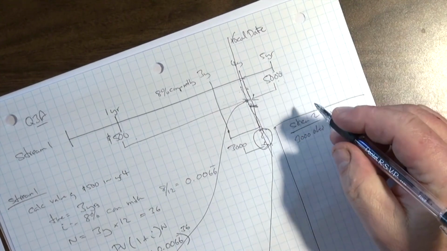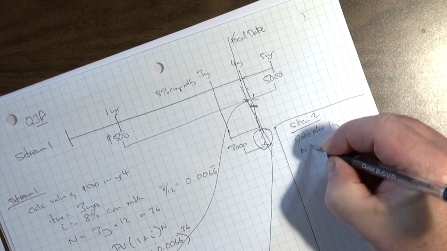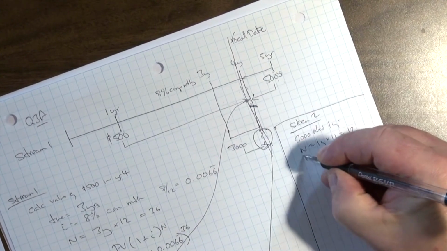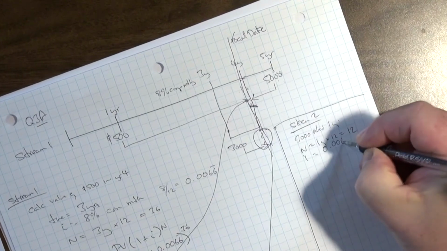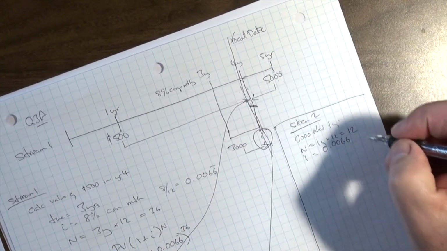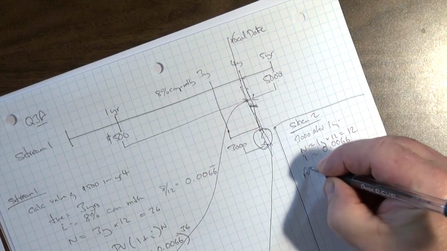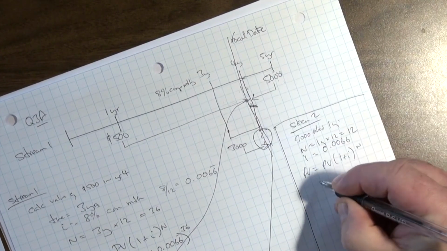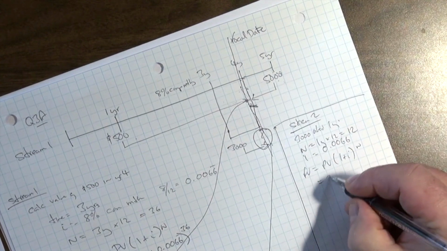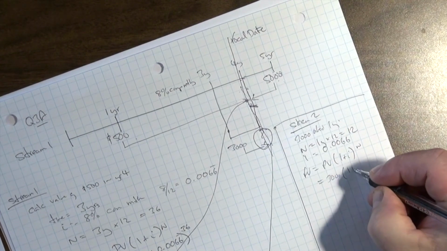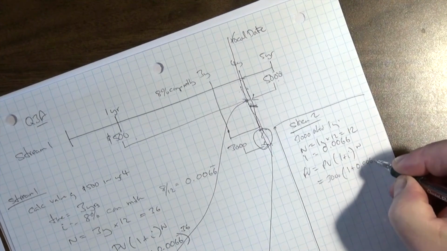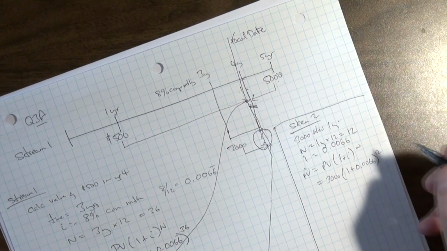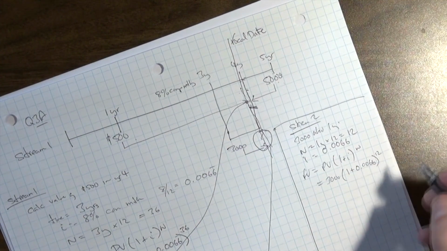So we're looking at n equals 1 year times 12 compounds, so n is 12. i equals 0.0066. So the future value of that is PV times (1 + i)^n. That's the same as 3,000 times (1 + 0.0066) to the 12th.